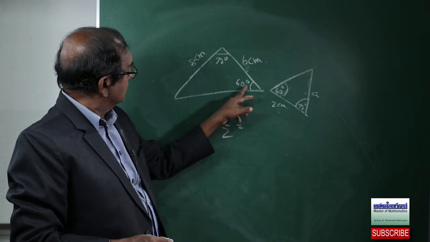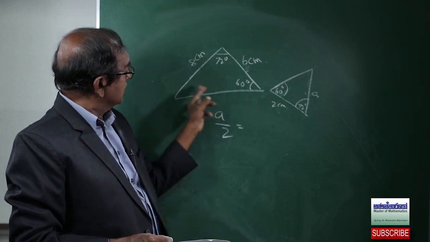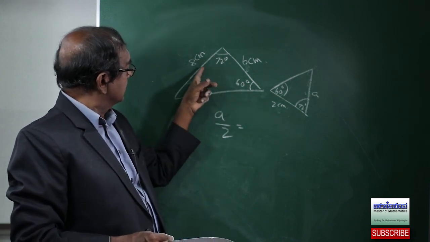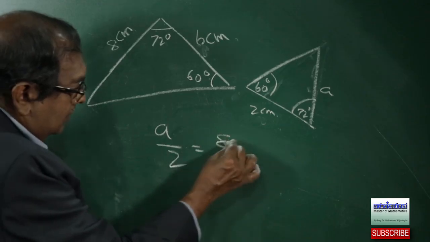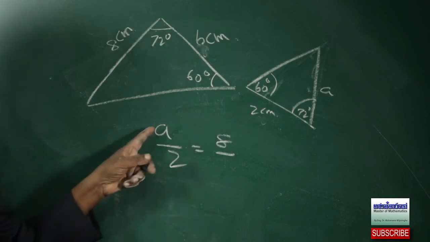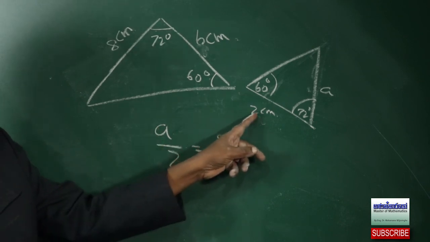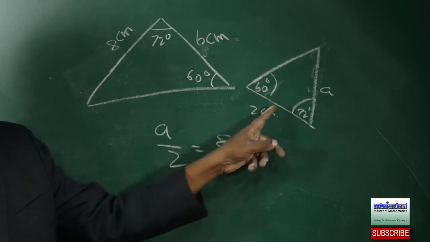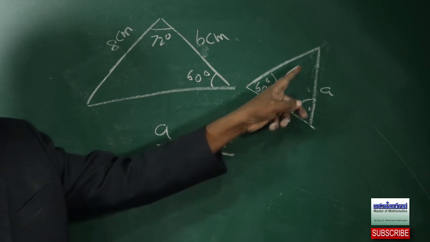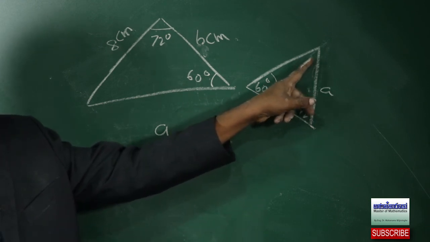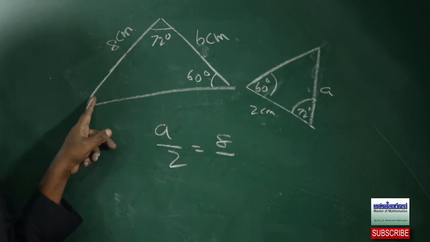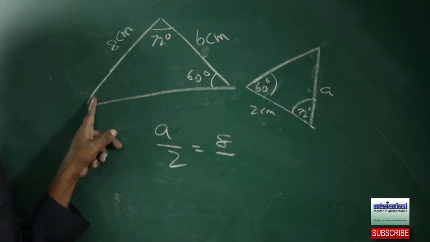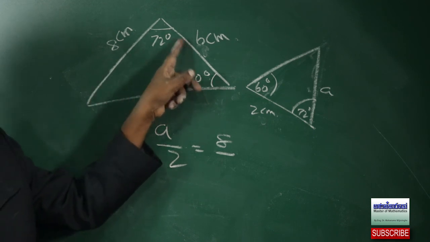Therefore, in this figure, in front of 60 degrees, the side is 8. A divided by 2, 2 is the front side. The angle is not mentioned here, but it is the same angle. Therefore, this front side is 6.